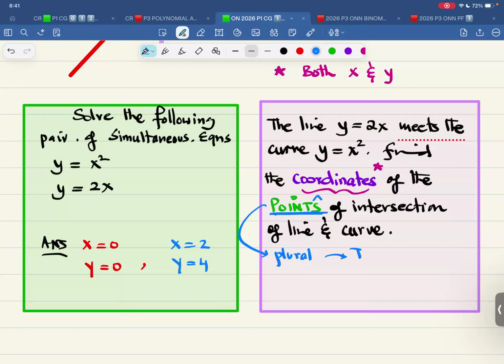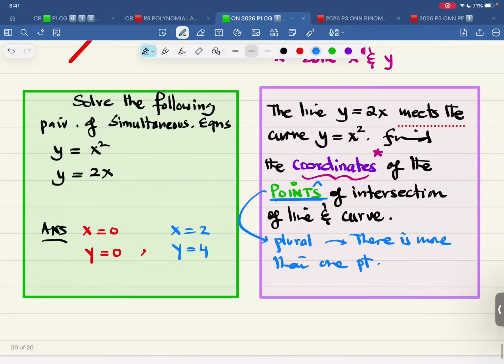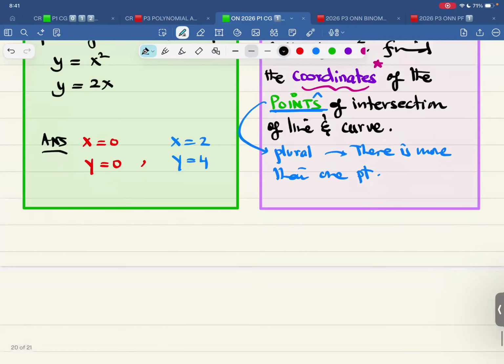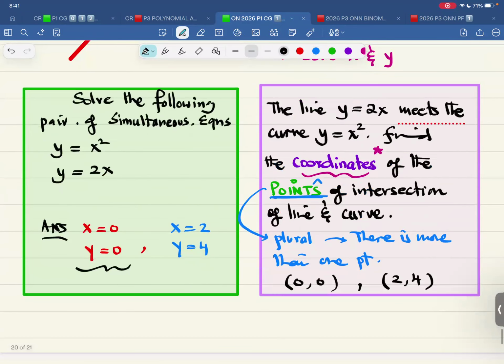That means there is more than one point. And now how would I write the answer? So now the answer, the same answer will be written as 0, comma 0, and then comma, this is 2, comma 4.